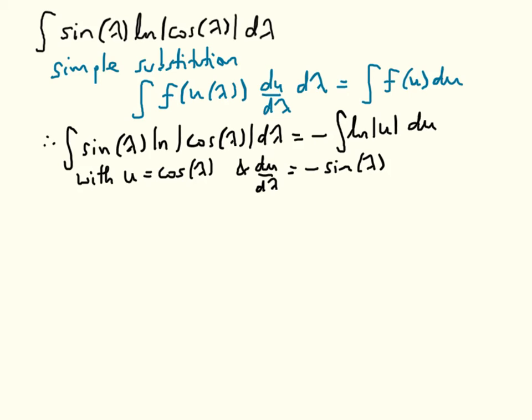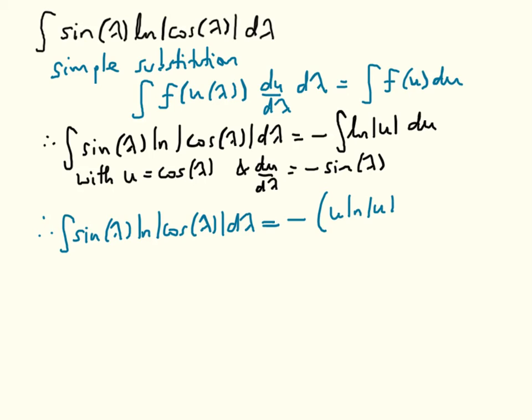Now, the integral of the logarithm of u can be calculated using integration by parts, and because it's quite common, it's also a good integral to know. So let me just write it straight down. The integral of the sine of lambda times the logarithm of the cosine of lambda with respect to lambda is minus, that's outside, brackets, and now it is u log of u minus u, close brackets, plus some unknown integration constant.